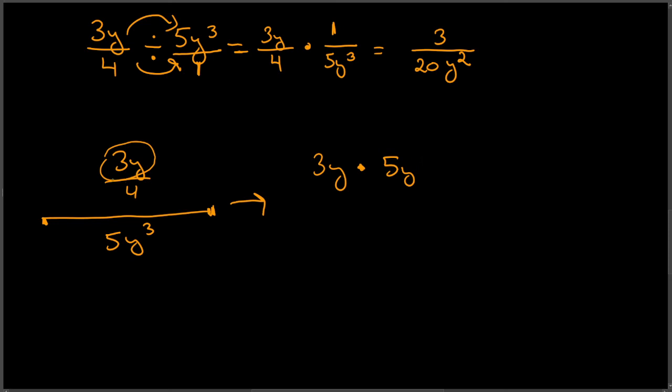I want to make sure I have everything right. I think I have my line in the wrong place. Oh yeah, the fraction's upstairs here. So let me go back here. I have the fraction 3y over 4. 3y divided by 4, and I'm going to multiply it by the reciprocal of 1 over 5y cubed. So the same thing, writing an extra fraction bar here. I have the fraction upstairs.